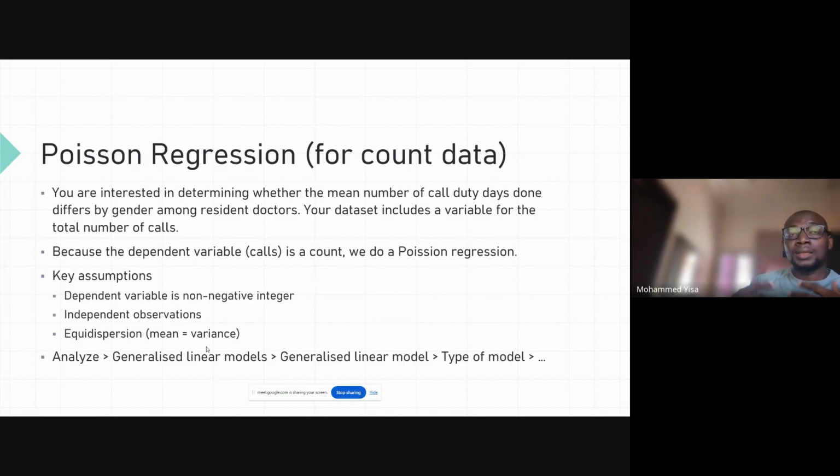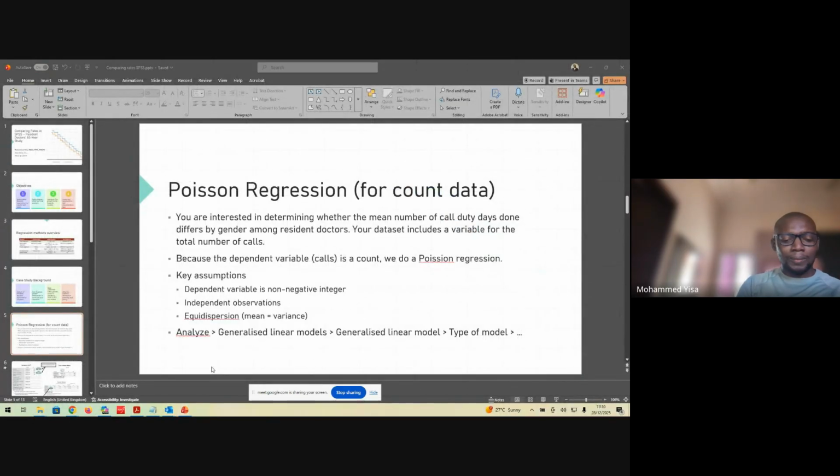Now, this has a few assumptions: that the dependent variable is a non-negative integer, so you cannot have -1 or -5 calls in a month, for example; that the observations are independent; and that there is equidispersion in the dependent variable. This just means that the mean and the variance are equal. So let's go to SPSS.